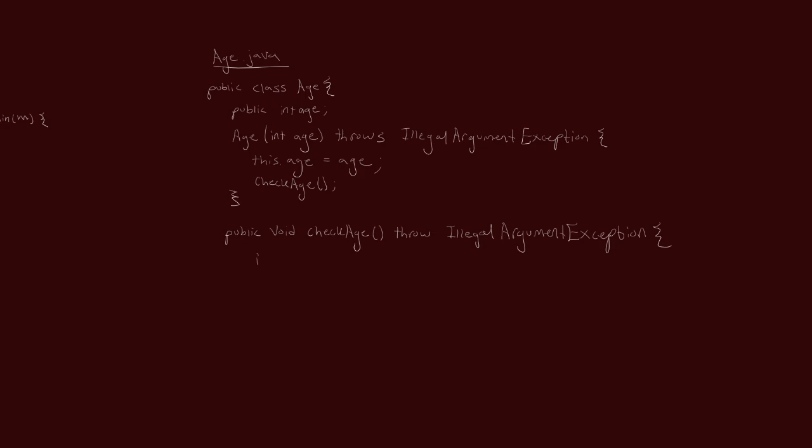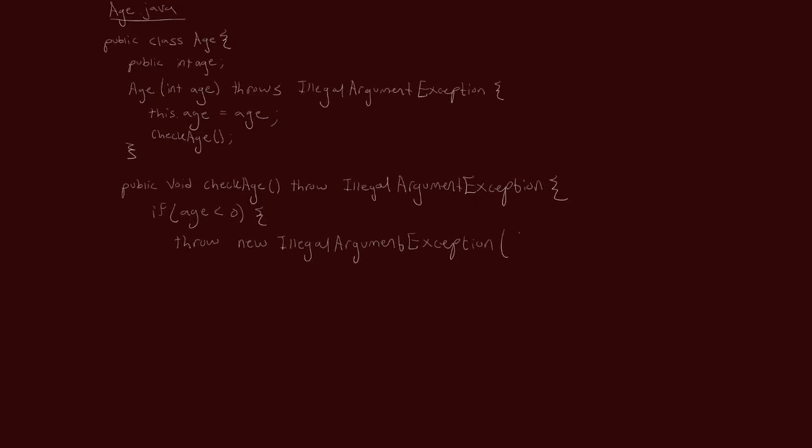And here we're going to do this. If age is less than 0, we're going to throw a new illegal argument exception.